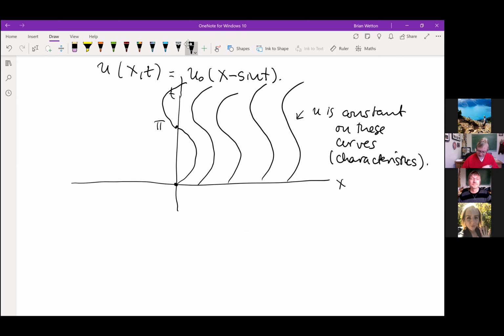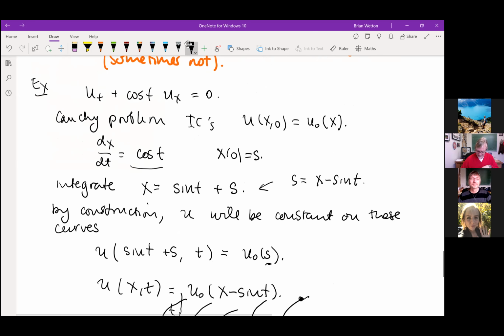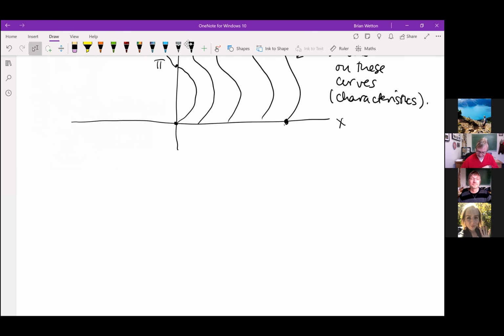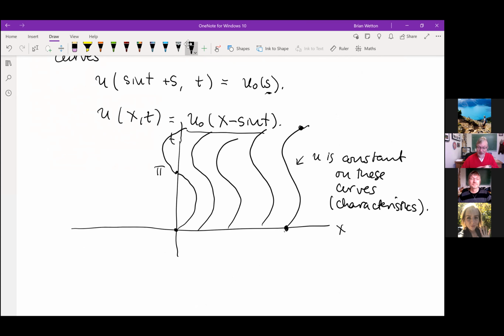Now you can see if I want the solution here, I have to work backwards to figure out what its value was at time 0. And that's where this expression comes from. We did it by algebra, but you could have worked this out from this picture.